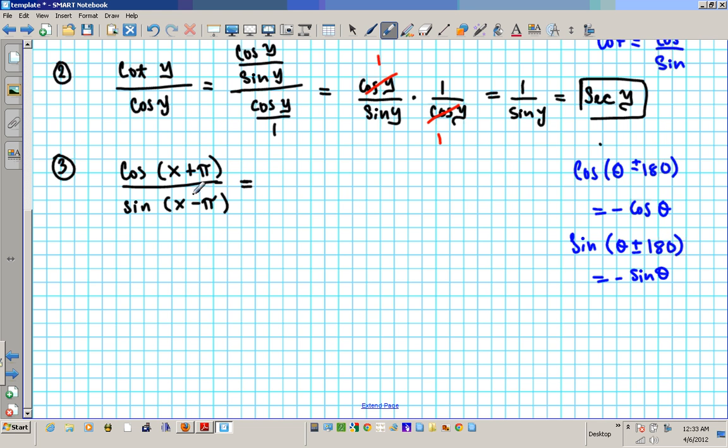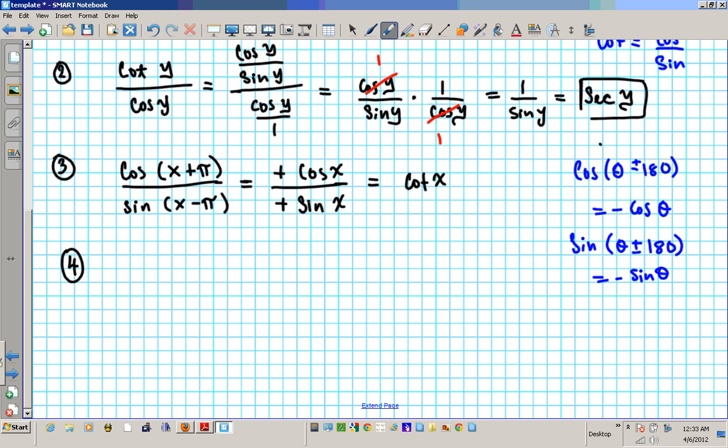So in this case, the numerator is going to become negative cosine x, because this is just a half period shift, which is equal to the opposite, and the denominator is going to be negative sine x. So what is this going to become? Minus over minus is a plus. Cosine over sine can be condensed into tangent x. All right. So there you have it.